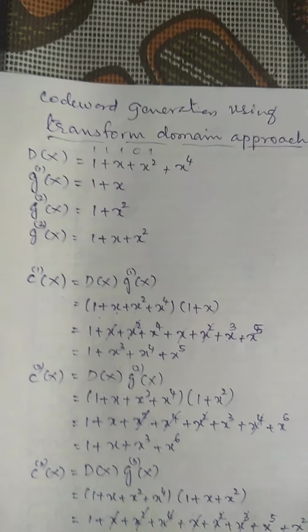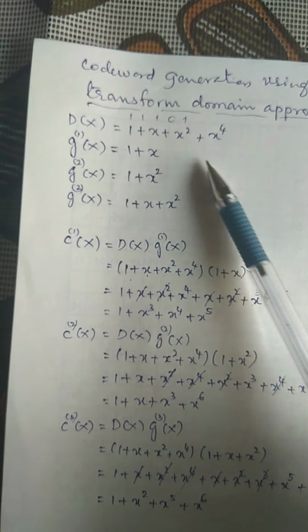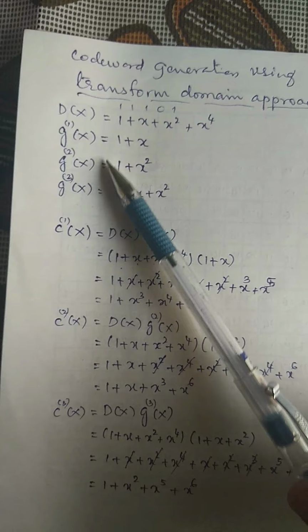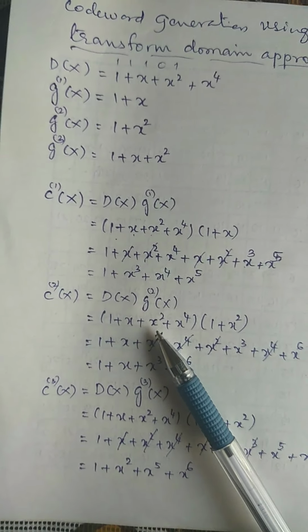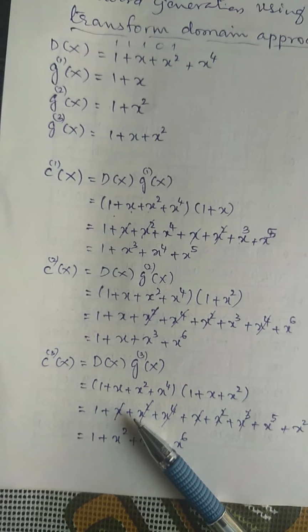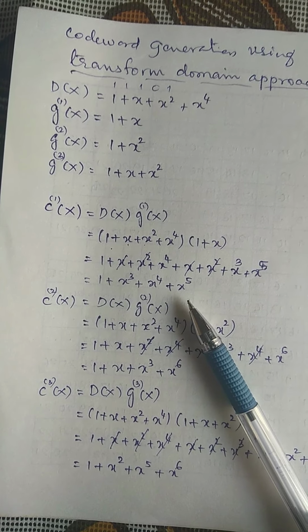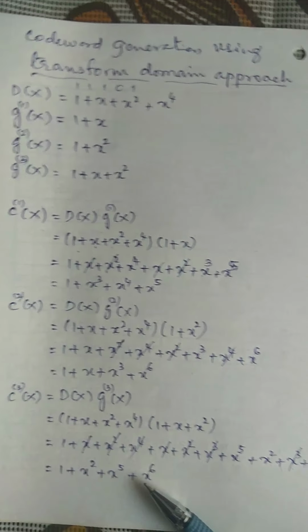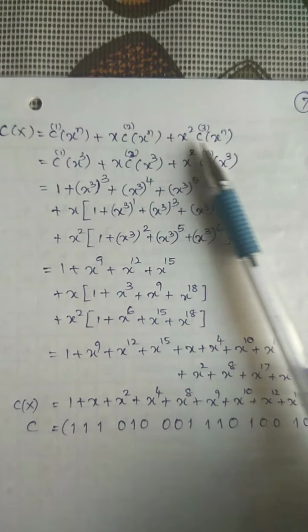The same code can be obtained using the transform domain as well, wherein the message and the generator sequences are represented in the form of polynomials, and then each of these generator sequences is multiplied with the message, like explained in the previous example. So we get the first convolution bit stream in polynomial form, then the second and third, and these are interlaced using this relation.